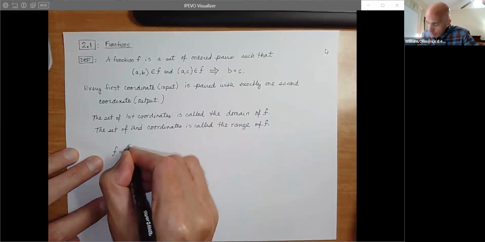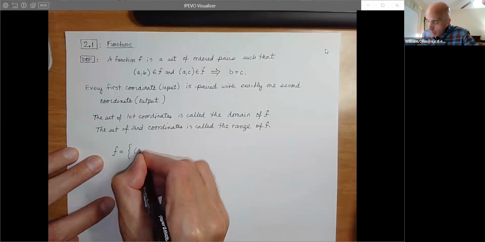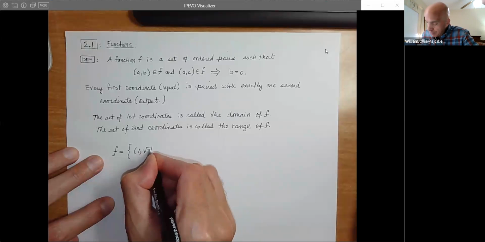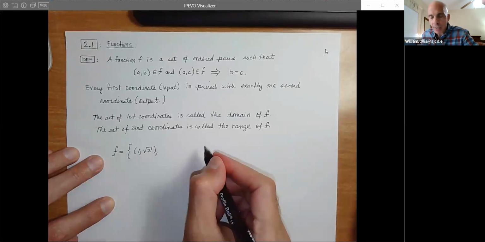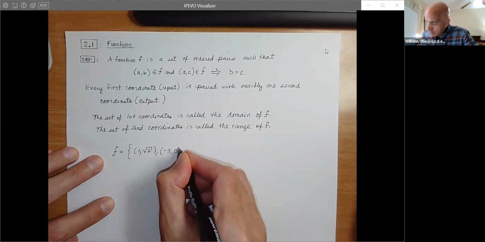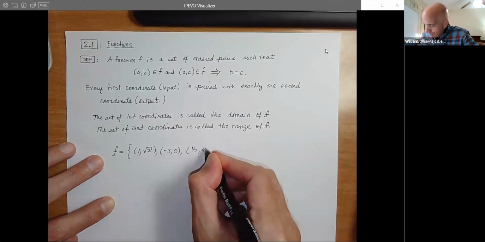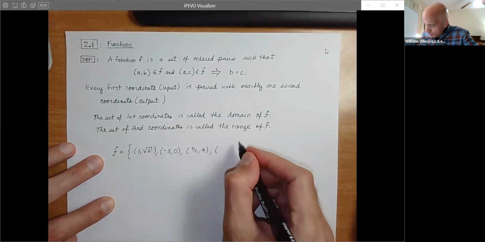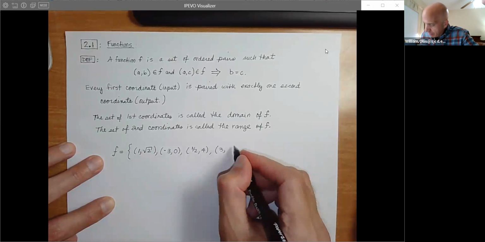So let's say we have a function here, a set of ordered pairs. So we've got maybe (1, square root 2). We'll do a real valued function with real input. (-3, 0), and say (1/2, 4). And let's see, let's say, I don't know, (3, 4).